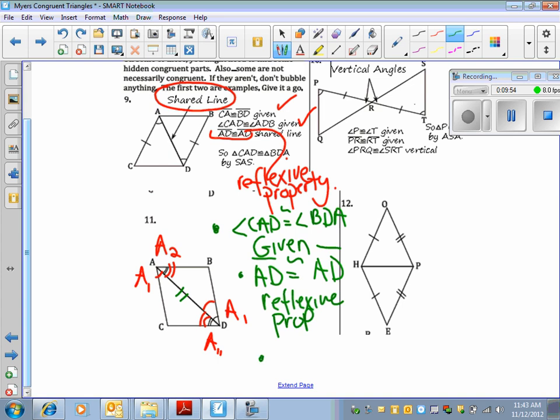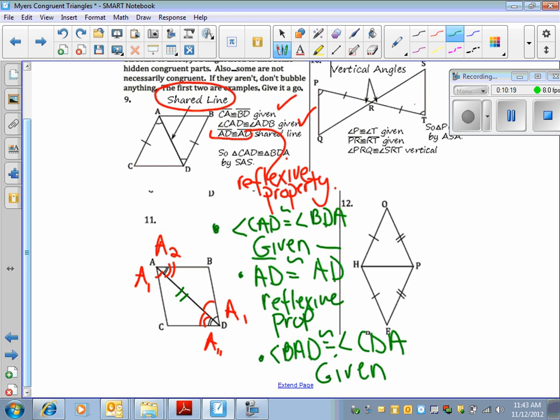Okay? One more angle. We could say angle BAD is congruent to angle CDA. Okay. Why? Because it's given. How is it given to us? Because of markings. Folks, these triangles are congruent. Why?